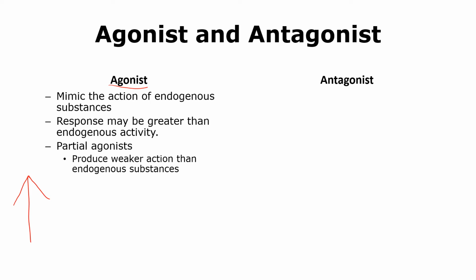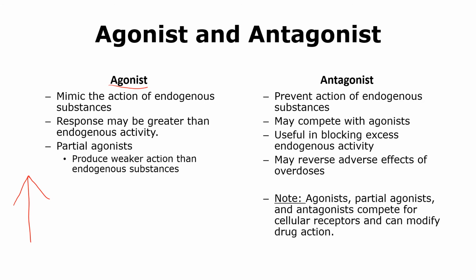Antagonist, on the other hand, will do the opposite. It will block the effect of that activity. In other words, it will work in the opposite direction. You know how we have anticholinergic medication or any drug that is anti something. Antagonist means it will work the opposite. It will reverse the effect.